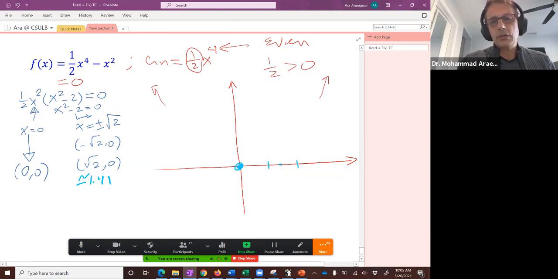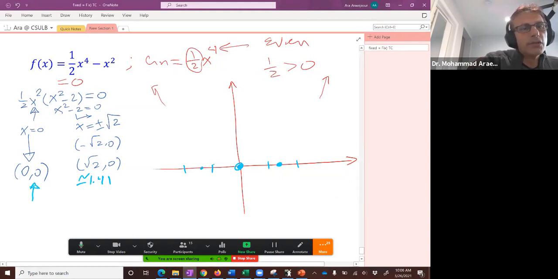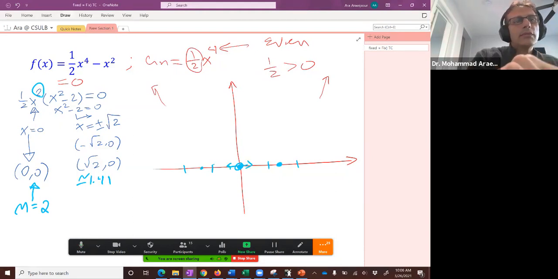So this is 1, this is another one. Notice that this one, because of the 2, has a multiplicity 2, which is even, looking like that.